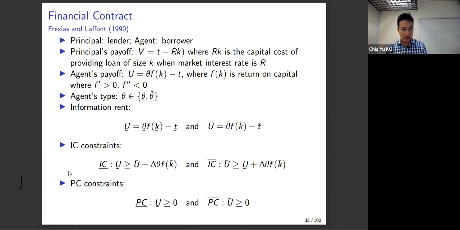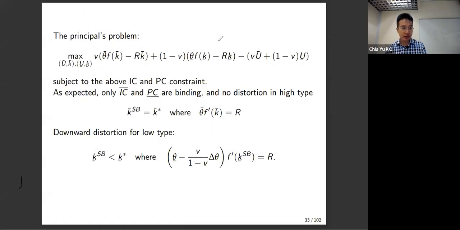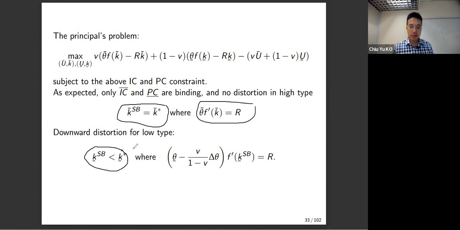And what you get in this model, as you will see, is the efficient type, the good startup, gets what they want. But the not so good startup doesn't get what they want, right? You have to make sure that the good startup gets everything, but you have to distort, right? Make sure the not so good startup doesn't get what they want, okay? In order to maximize profit, okay?